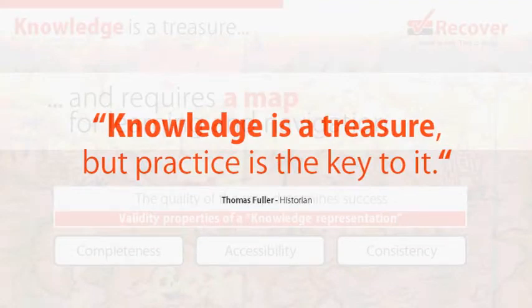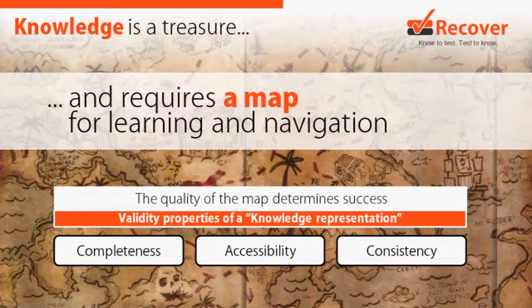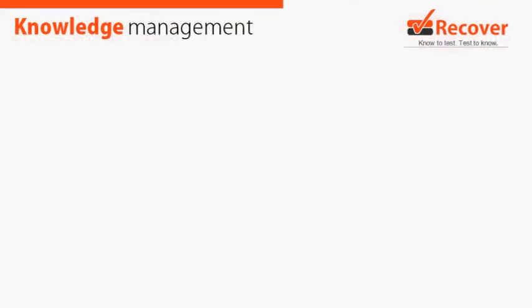In order to learn and navigate through the knowledge of a system for the success of a project, we normally require some kind of map, some kind of model, some kind of documentation with some quality properties like completeness, because we need to have this knowledge; accessibility, because we need to understand which are the main parts of this knowledge; and consistency between these parts. So we need something to learn and navigate through the knowledge of a system.